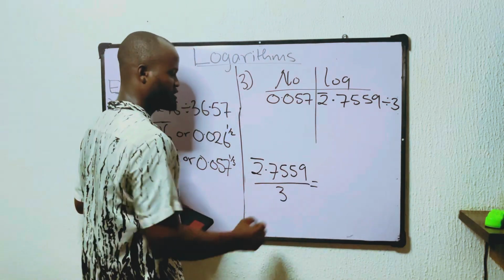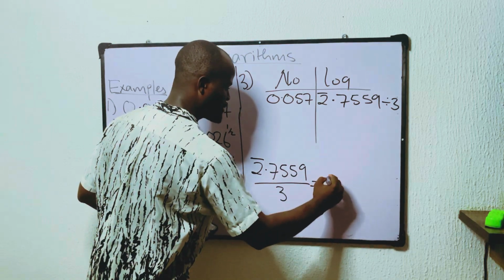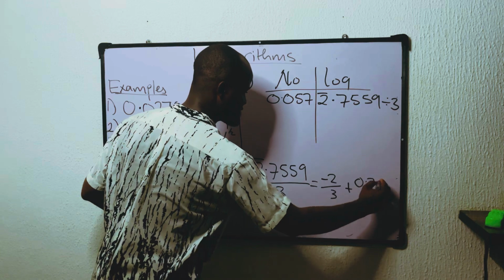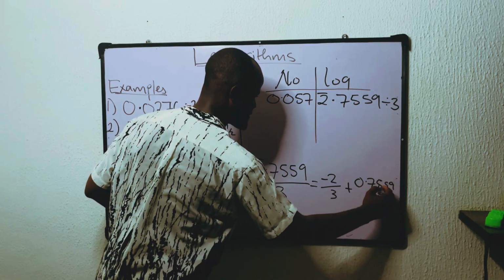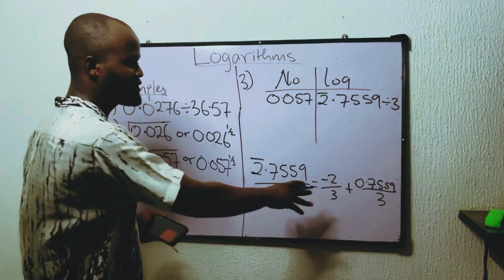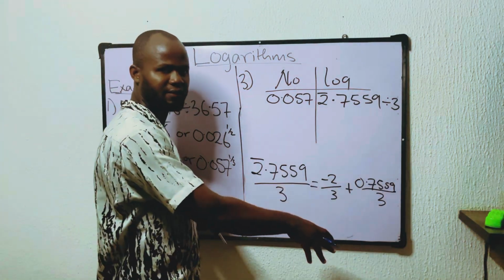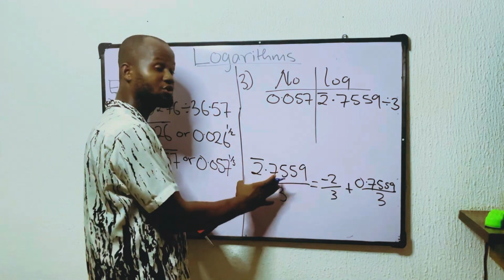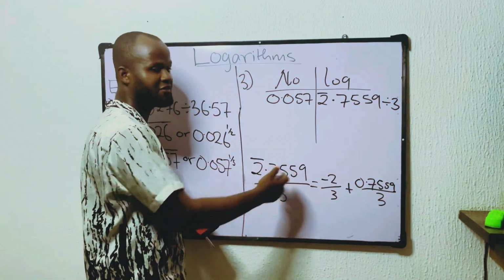So this becomes minus 2 over 3 plus 0.7559 over 3. Now observe that I've not really changed anything, because these are like two fractions. If I sum them up together, I'm still going to get negative 2.7559.